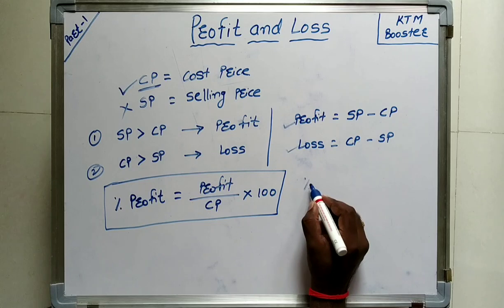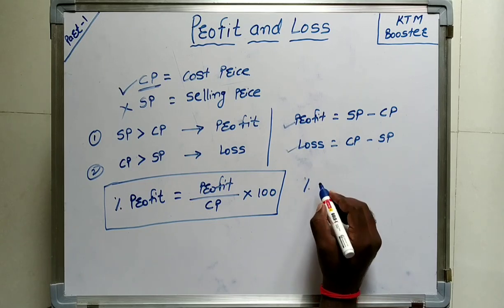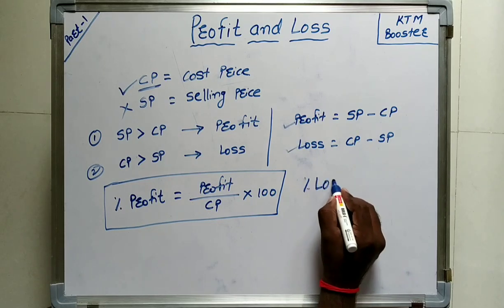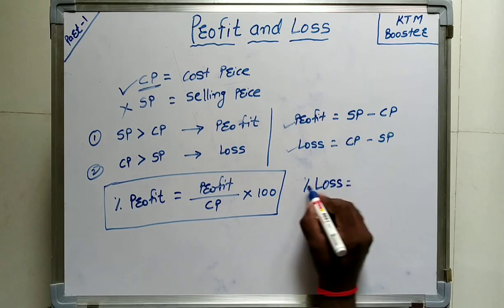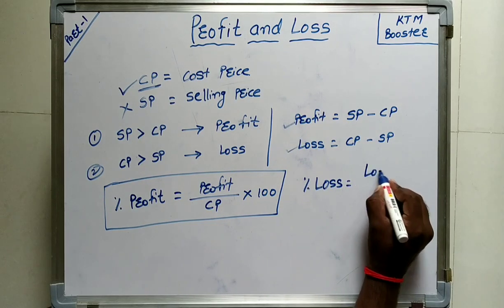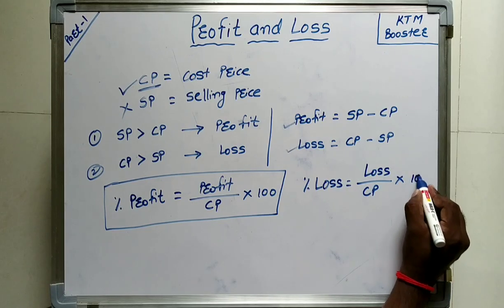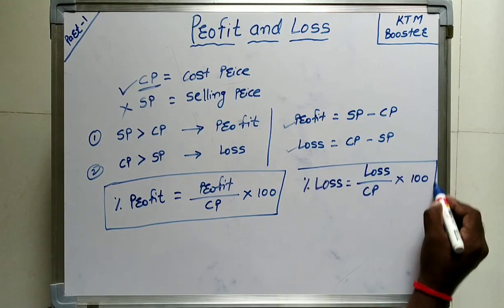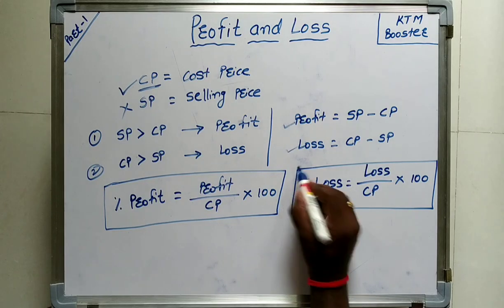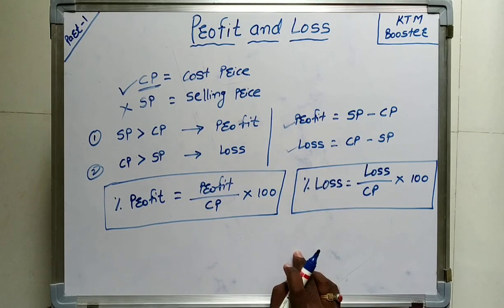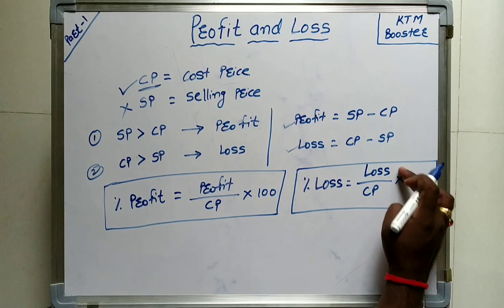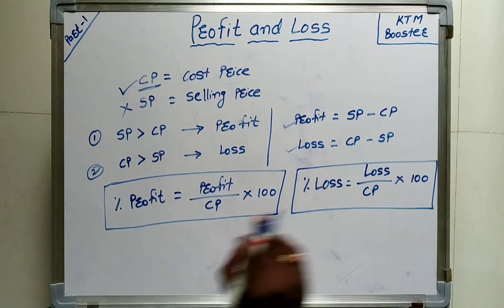Now we will see the formula for the percentage loss, right? That is whatever the loss occurred divided by CP multiplied by 100. This will be the formula to calculate percent loss, right? So percentage loss equal to loss upon CP multiplied by 100. Okay.